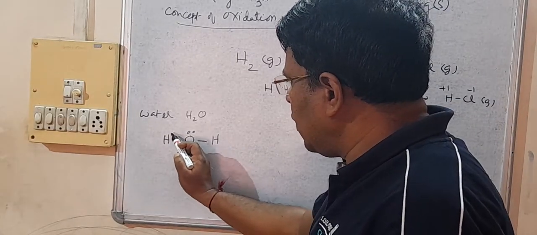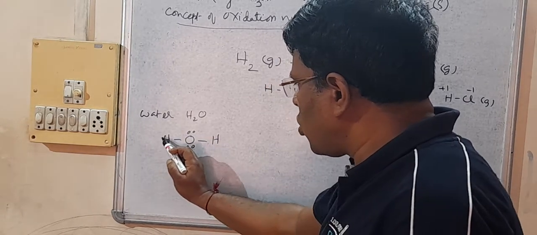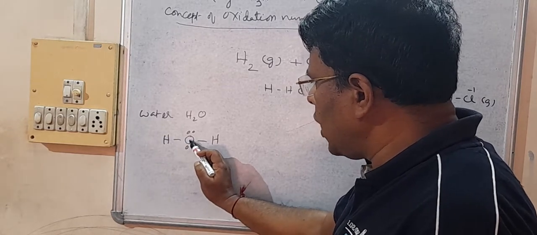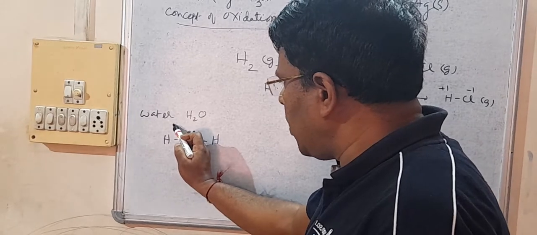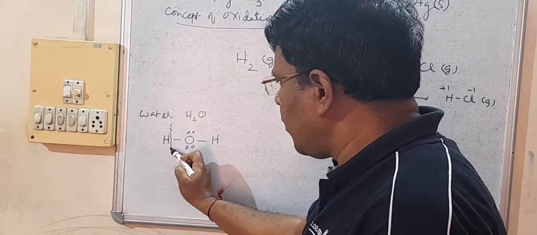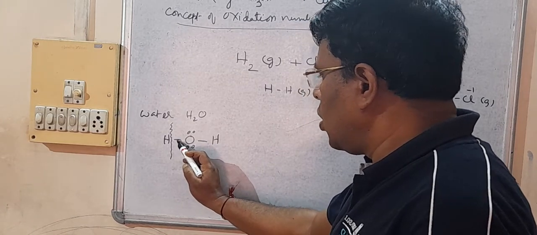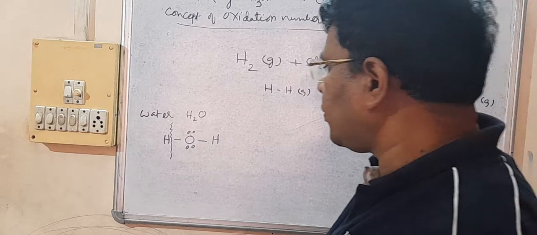And if we are breaking this H-O bond, since oxygen is more electronegative than hydrogen, naturally the bond will break from here, and the 2 electrons will go with oxygen.